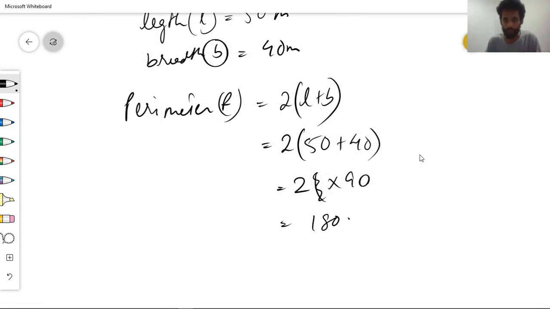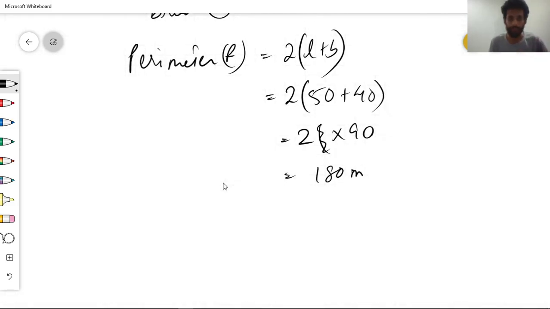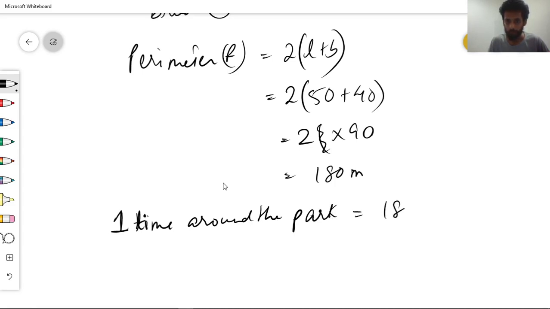We got 180 meter. This means 1 time around the field is equal to 180 meter.